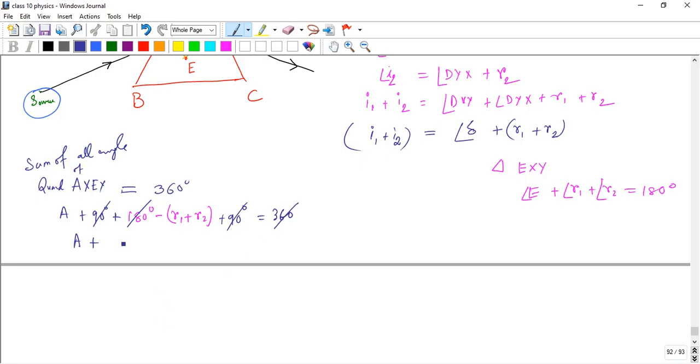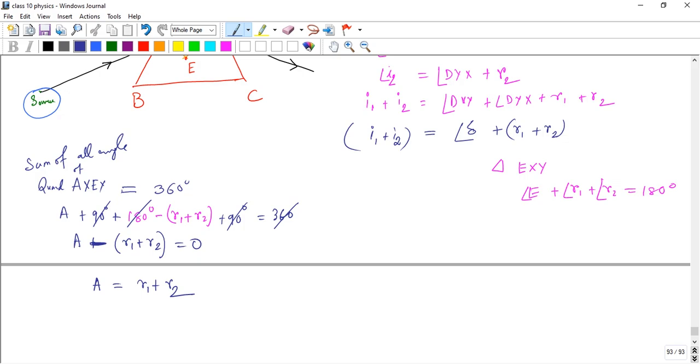Cancel. So plus minus minus (R1 plus R2) equals 0. So angle A equals R1 plus R2.